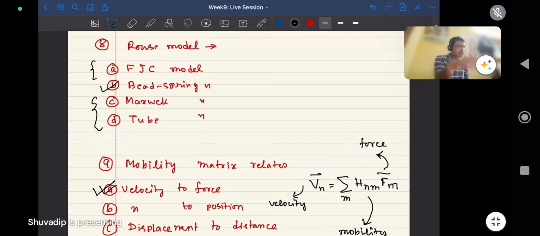So the force due to the mth particle is affecting the velocity of the nth particle. H_nm is a matrix which connects all the forces on all the particles to the velocities of all the particles. So this H_nm is called the mobility matrix, which connects force to velocity.